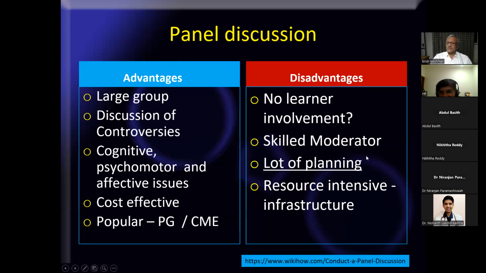A lot of planning is required, because apart from everything else, it is not enough if the moderator just poses questions and keeps quiet. He has to give a take home message to the audience, and that message could be that there is no take home message. That's not wrong. For example, when I have done panel discussions, I have said the jury is still out.